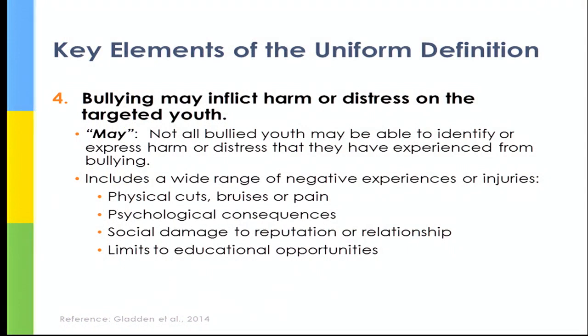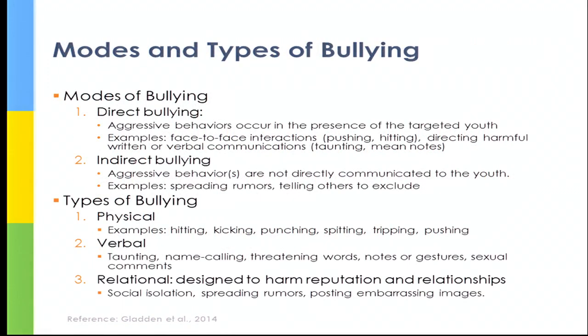For example, a child with developmental delays or disabilities may not always recognize that she's being harmed by being taunted or teased, but it's bullying nonetheless. And of course, as we'll talk about later, there are a wide variety of negative experiences or injuries that can result from bullying, which the uniform definition recognized.